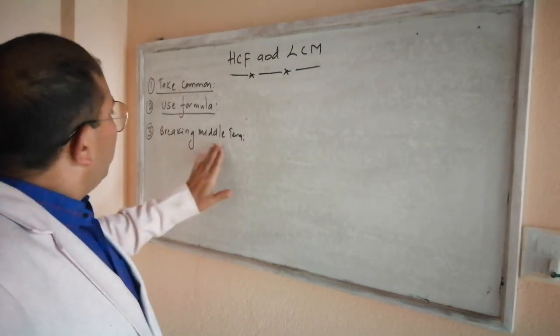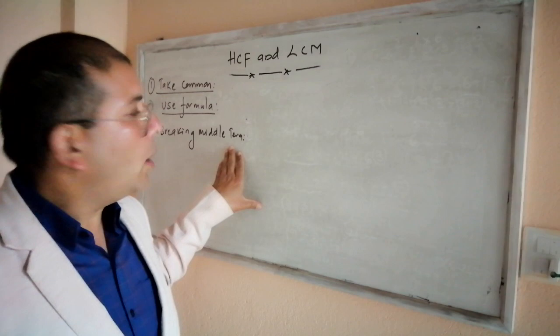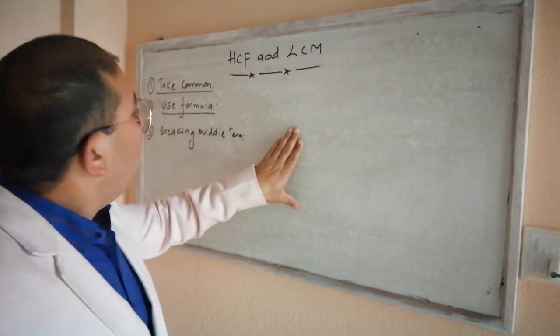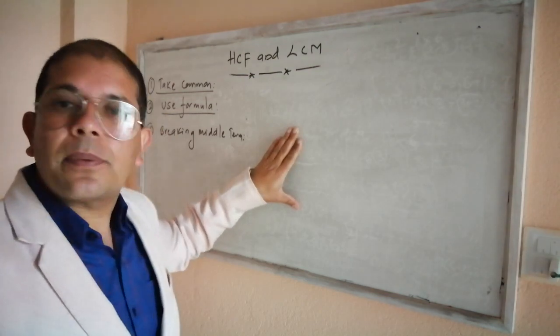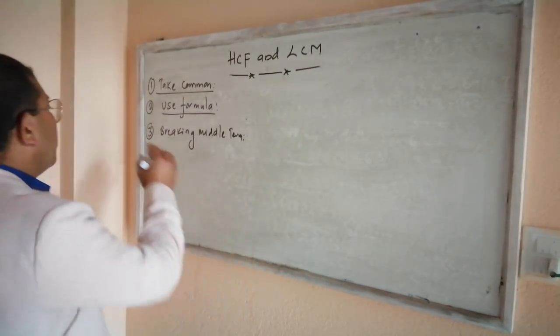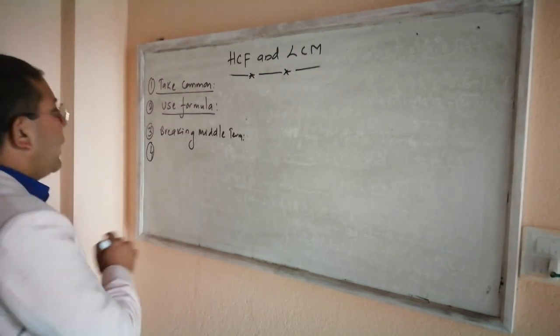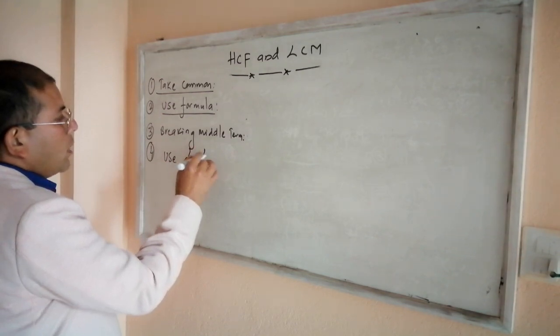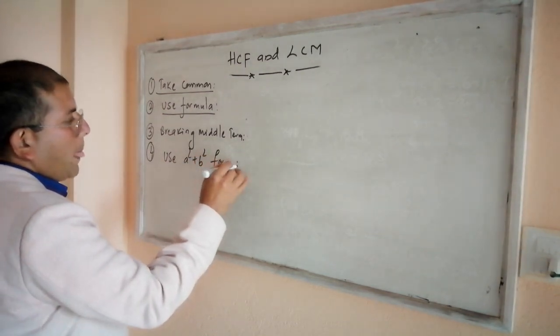Okay. In this breaking middle term, I will give you more examples in another section, so you can practice from there. Now I want to start another, fourth method: use a square plus b square form.